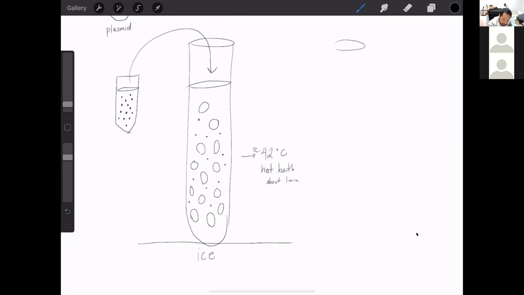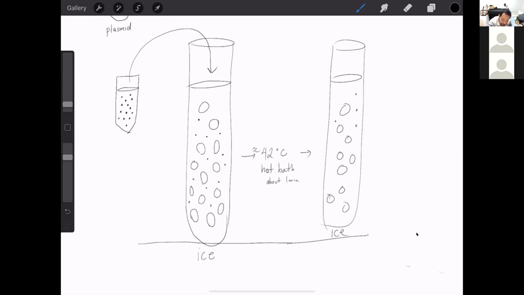And then we return them to ice. And what we're hoping for is that this heat shock, the difference between the 42-degree and the ice, will make some of these plasmids get sucked into the bacteria, therefore transforming these bacteria. Are you guys following me so far?